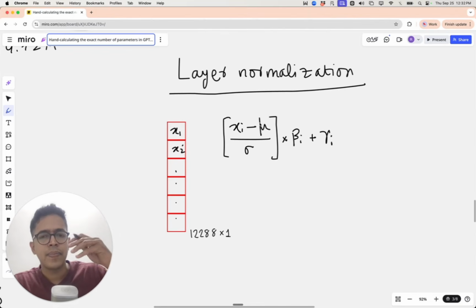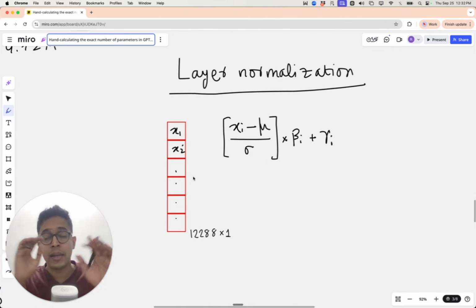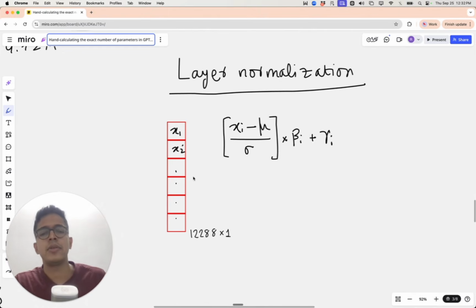They are normalized by subtracting the mean of all these values and dividing by the standard deviation of all these values. So you want the mean of the distribution to be close to 0, and the standard deviation of the distribution to be close to 1. And then each of those is scaled by a scaling factor, and you add a little bit of bias to each of these numbers separately.